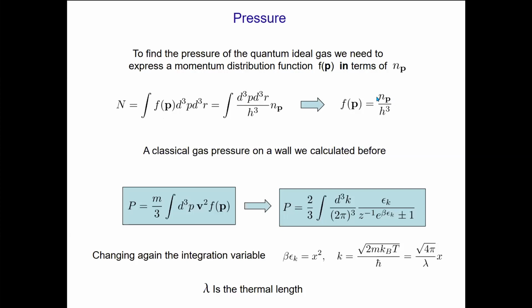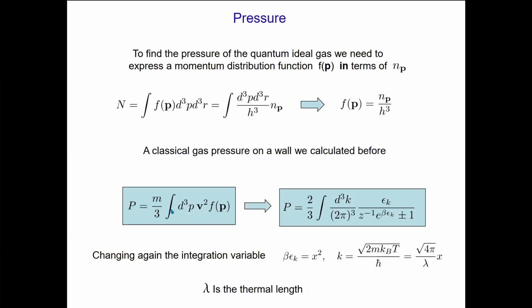So this is the distribution function in terms of the occupation numbers. And to calculate pressure, we can use exactly the same formula as we did when we calculated the pressure on the wall for classical gases. If you don't remember how we did it, please review it.